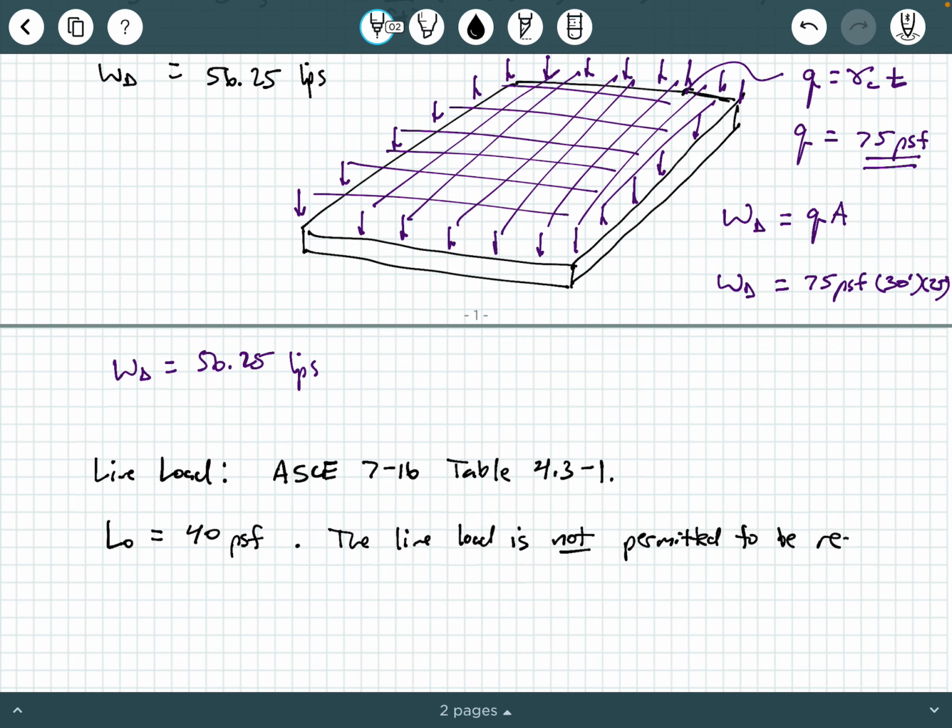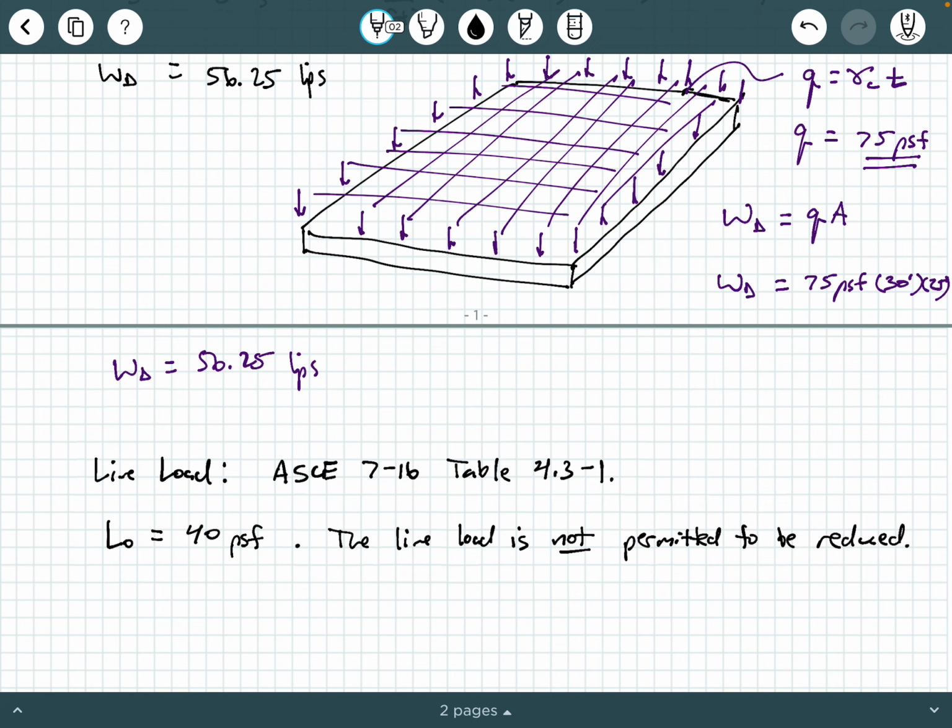to be reduced. Okay. Now, if you also notice where it says garages, it says in parentheses, see section 410. If you've got ASCE 7-16 with you, why don't you flip with me? You can flip to section 4.10, and it also has a subsection 4.10.1 on passenger vehicle garages, and it says, I'm going to read it quickly, floors in garages or portions of a building used for the storage of motor vehicles shall be designed for the uniformly distributed live loads of table 4.3-1, which we just looked at, or the following concentrated load.